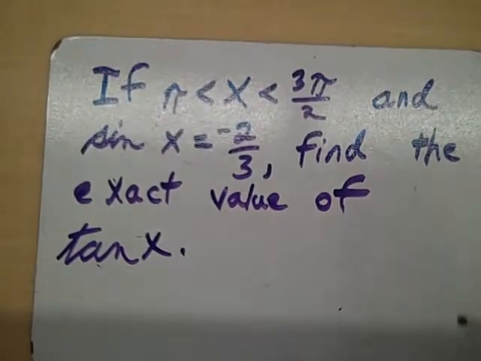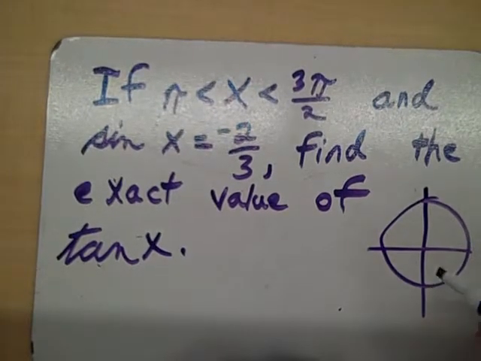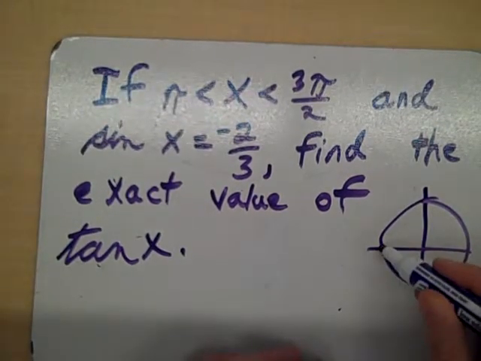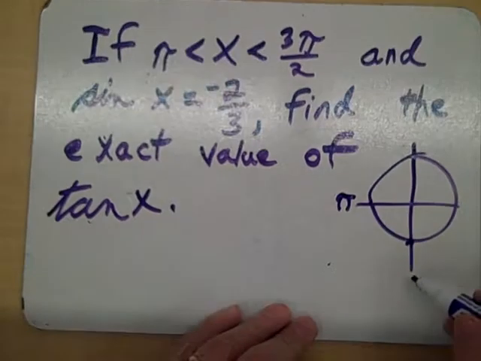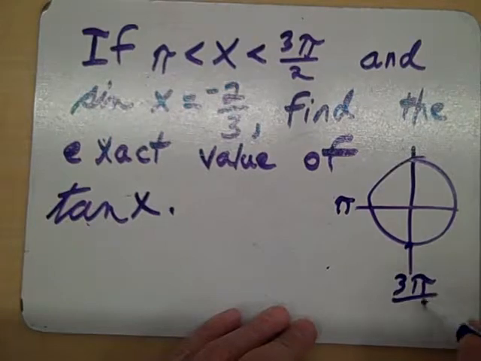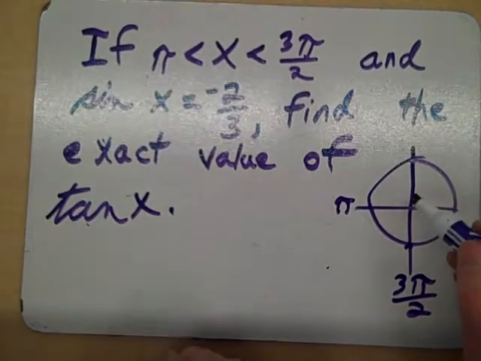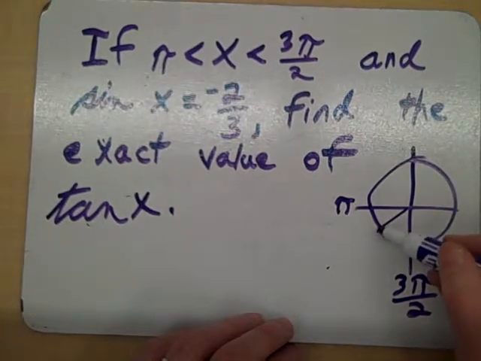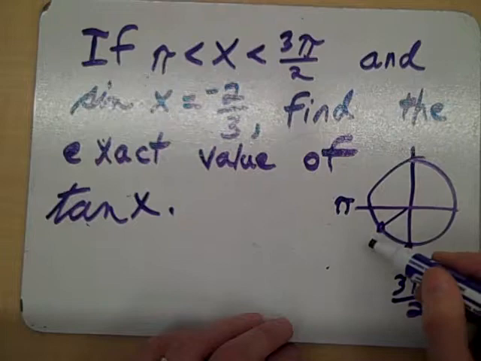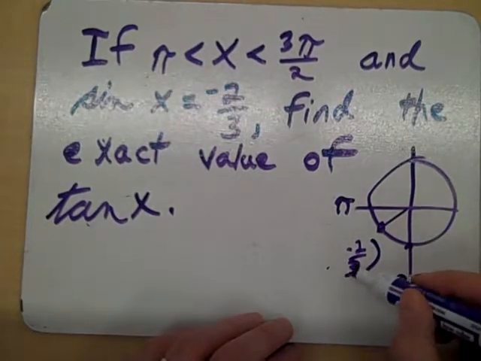All right, very interesting problem. Let's get a view of it on the unit circle. We're in the third quadrant. This is pi, this is 3 pi over 2. And the sine of x is negative 2/3. Somewhere around here, we have negative 2/3 as the y-coordinate.